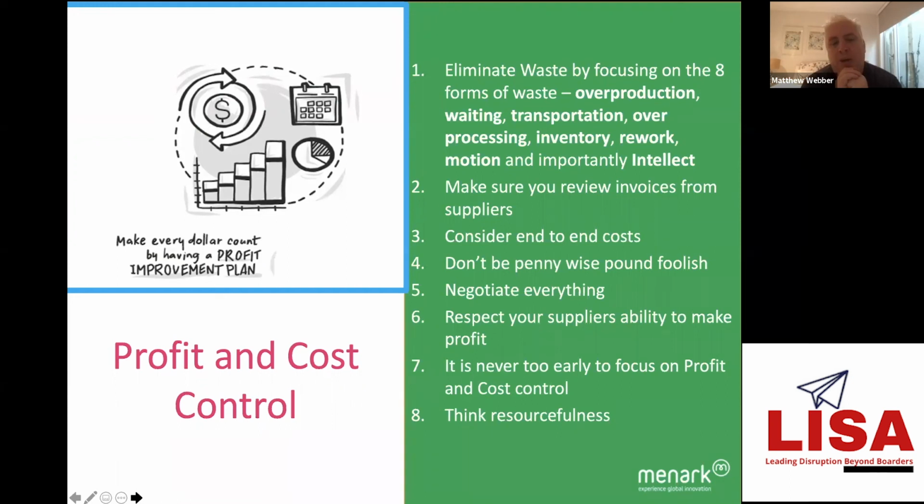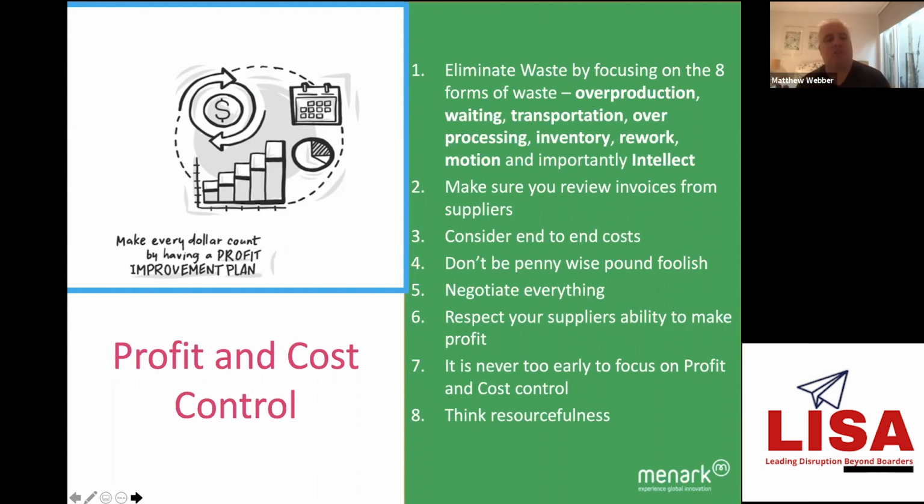As you build out your offer or your business model or your product, you need to make sure that you are eliminating waste. In actual fact, it might be eliminating waste that is the very reason for your product or business model's existence, and that gives you a competitive advantage.